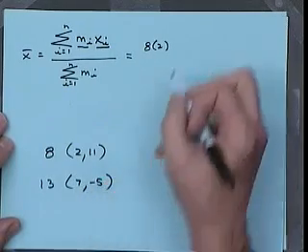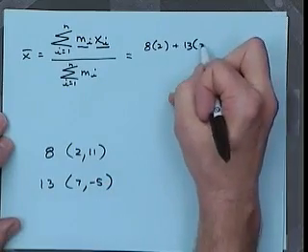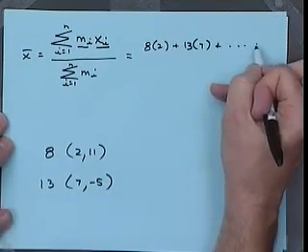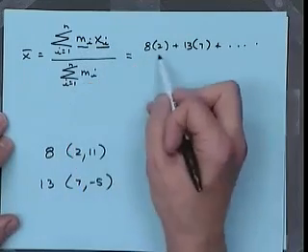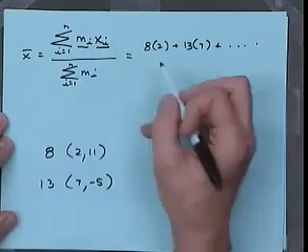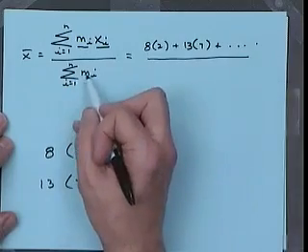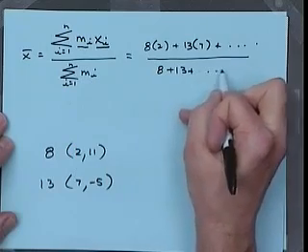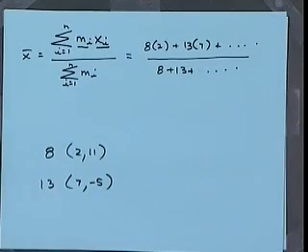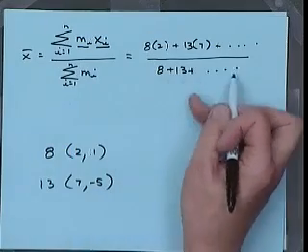You'd take 13 times 7, and so on. You take the product of the mass times the x values all the way across, and then divide by the sum of the masses, 8 plus 13 plus the others. That's not integration. That's just number times distance, added together, divided by the sum of the masses.